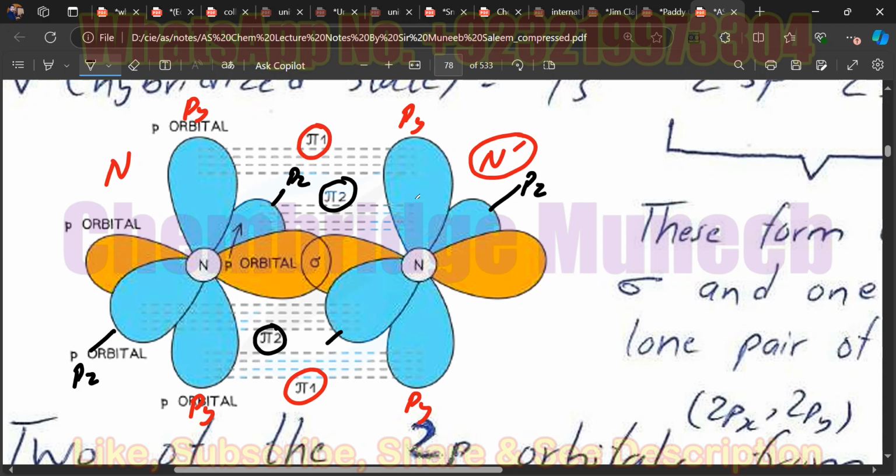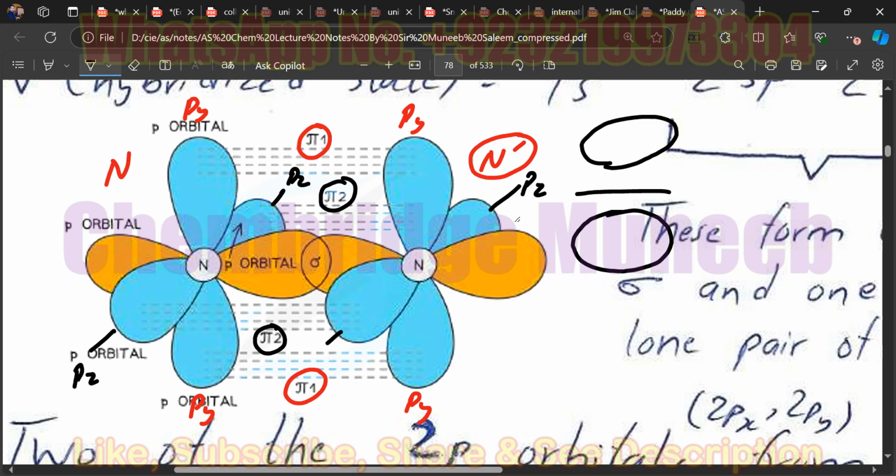Now that's how we represent one single pi bond. One pi bond has the electronic cloud above and below the line connecting the nuclei, just like we studied before. One cloud is above the line and the other is below the line joining the nuclei.